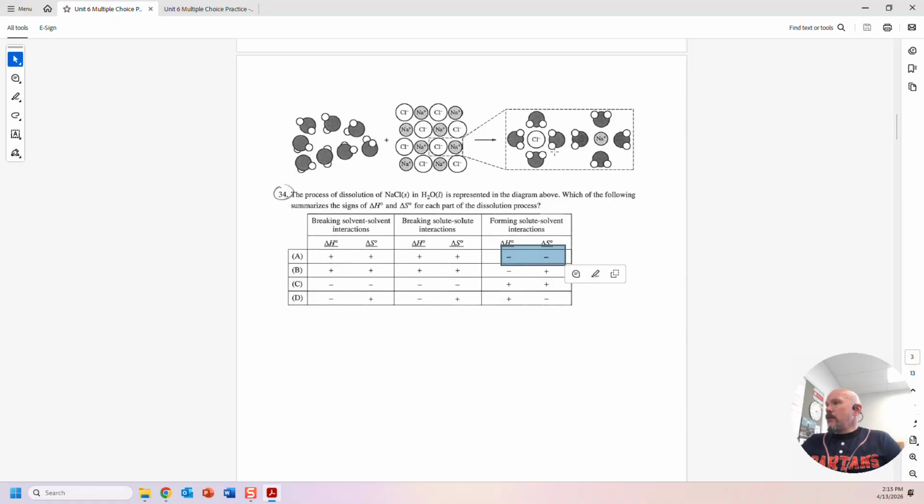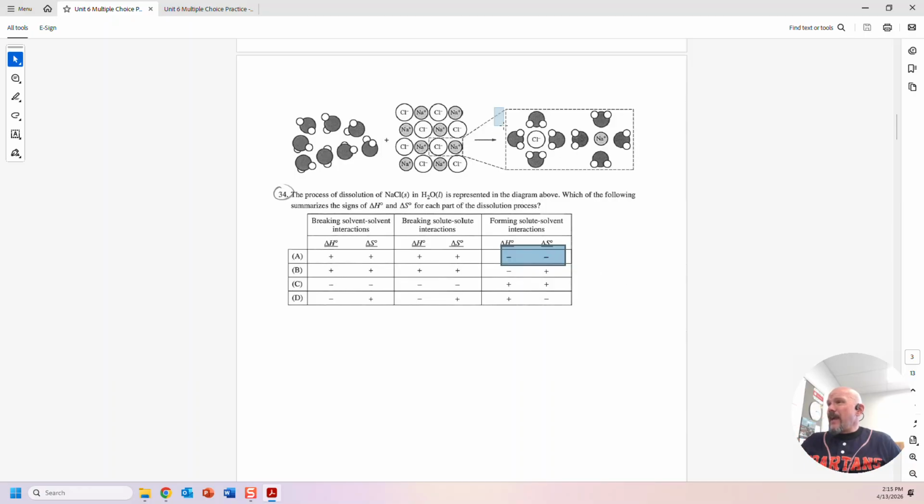And it's not about the overall change. Overall, a salt dissolving in water increases the entropy of everything. The overall process is going to be a positive delta S. But this process in particular, you have loose ions, you have loose solvent particles, and now they're arranging themselves so they're attracted to each other.